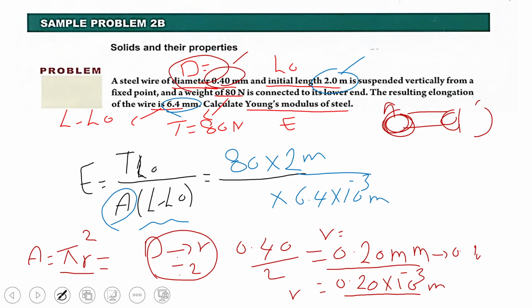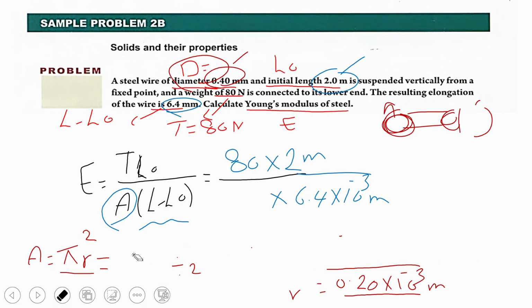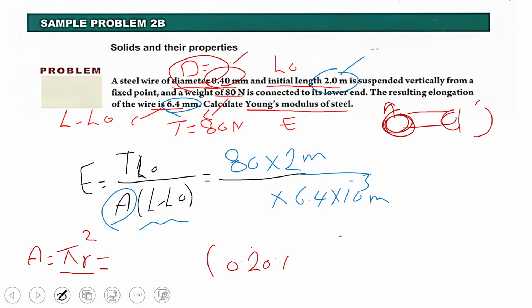So radius is equal to 0.20 times 10 power negative 3 meter, all power 2, because r is square, and we know the value of pi is 3.14.